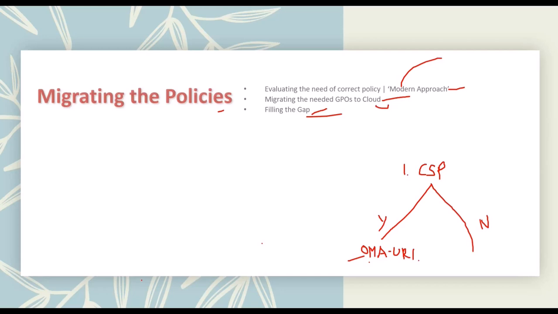Like, for example, let's take BitLocker. When we are deploying a BitLocker policy from Intune, or we are creating an OMA URI for BitLocker, at the end of the day, there is some registry value which the policy is changing, right? So I can change that registry value manually, I can change it by deploying an Intune policy, or I can deploy a script which is going to change that registry value.